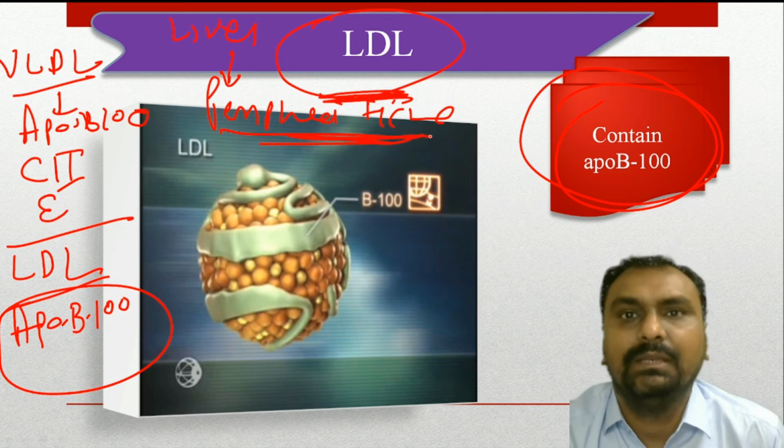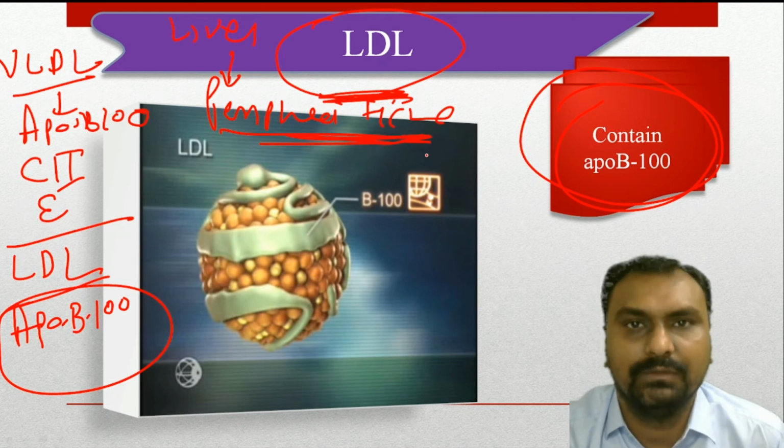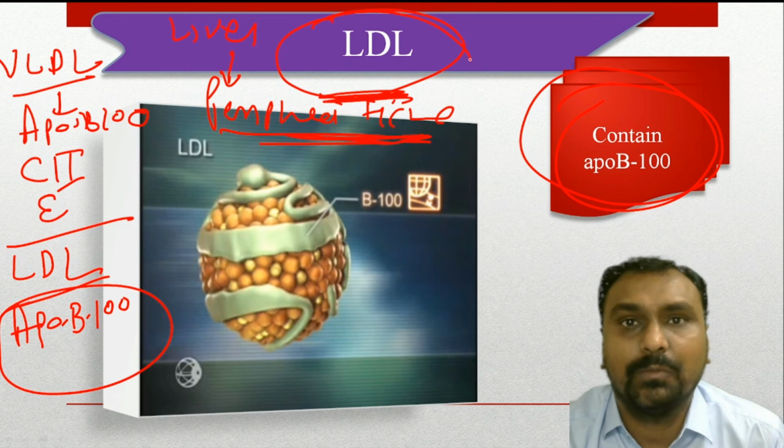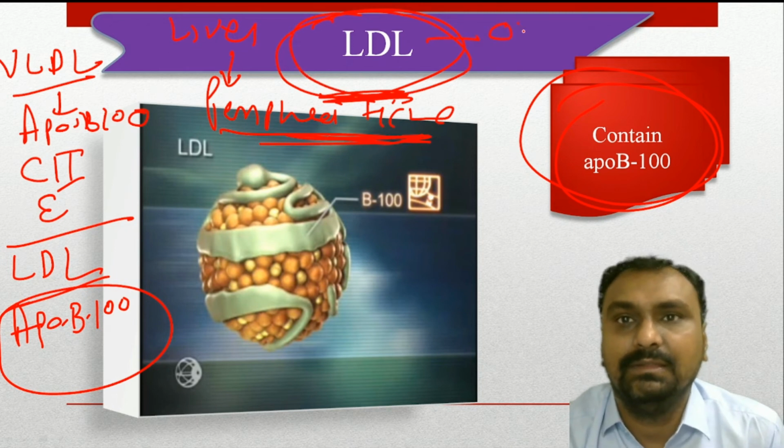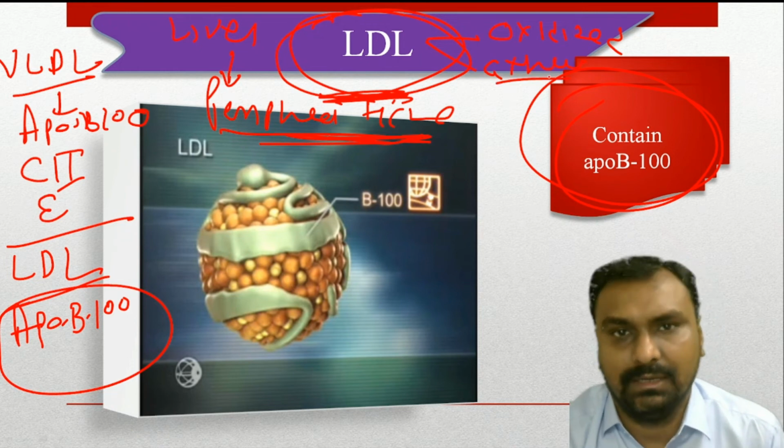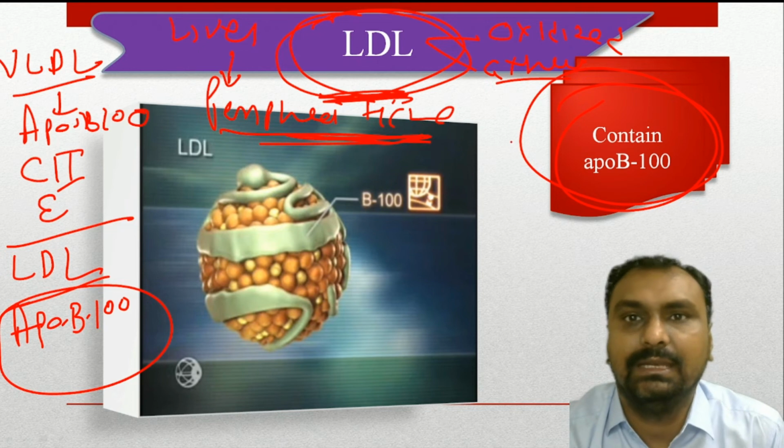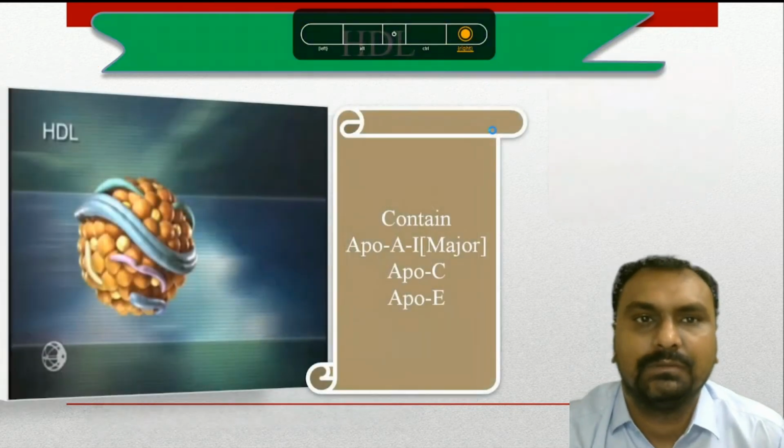So they will help in the formation of these hormones. But excess LDL can be easily oxidized and will form atherosclerosis and may lead to heart attack also. So LDL is called the bad cholesterol.